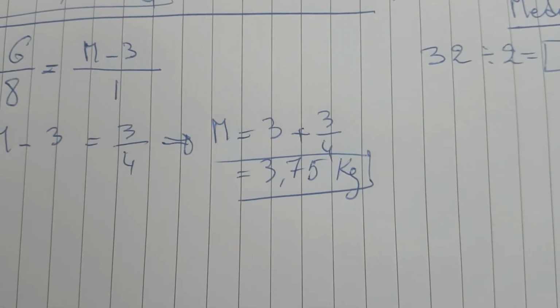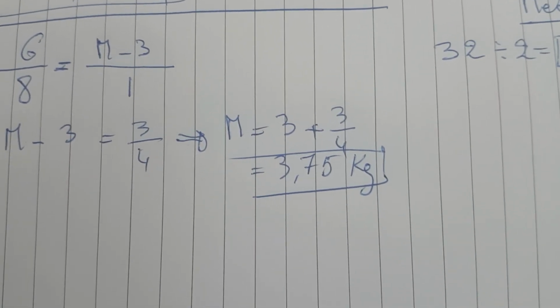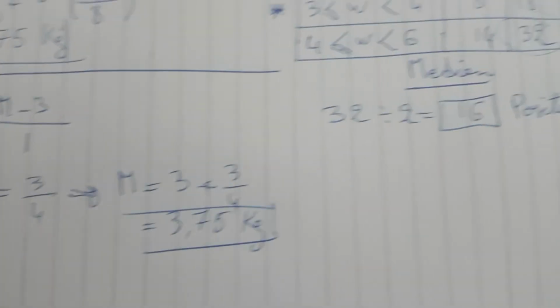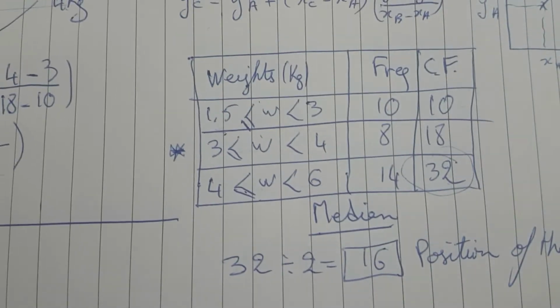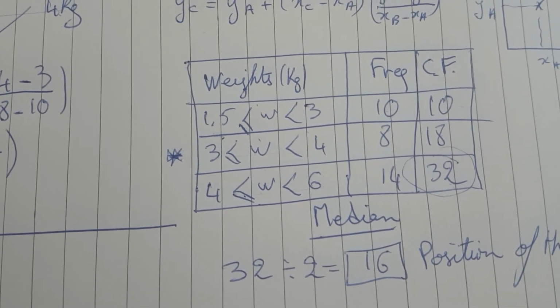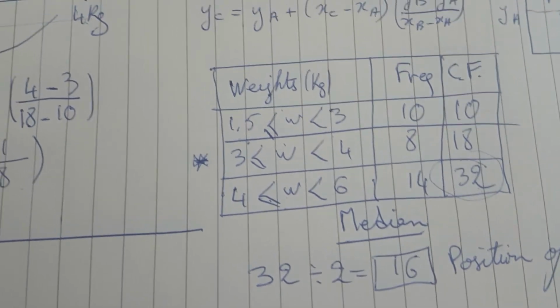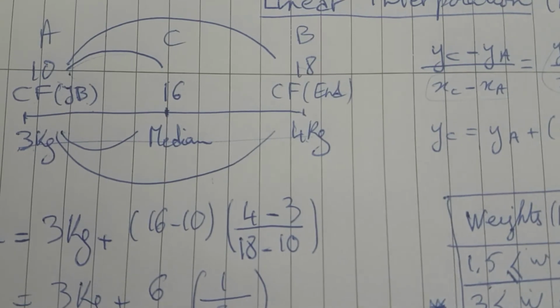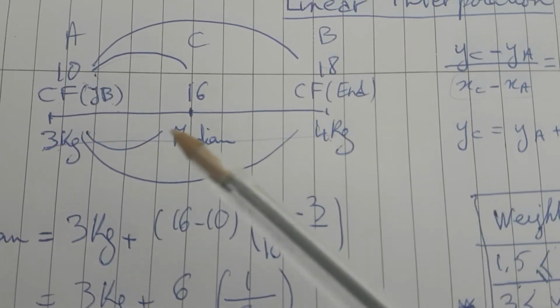So if, for example, you get a question in stats A level giving you a table and telling you to find the median or the interquartile ranges, anything like that, and we want to use linear interpolation, that's the way how we do it. Usually we just draw a line.